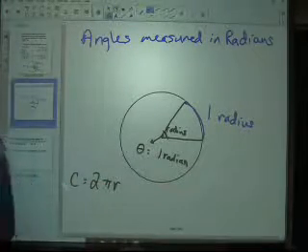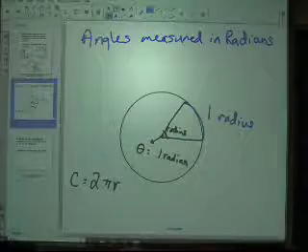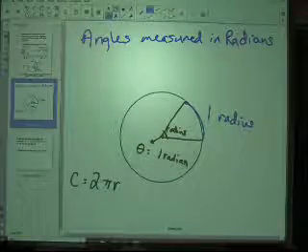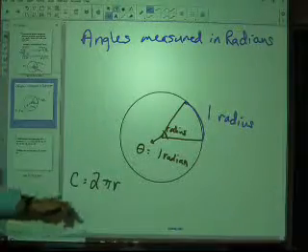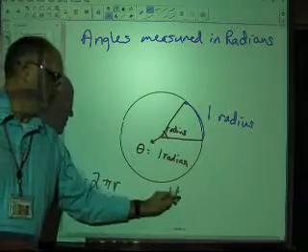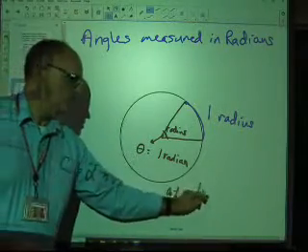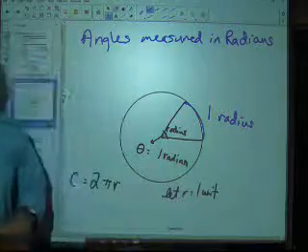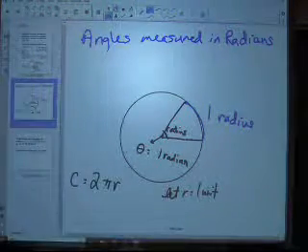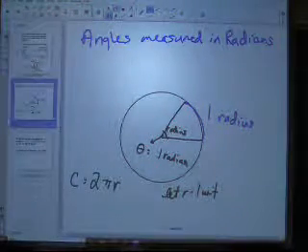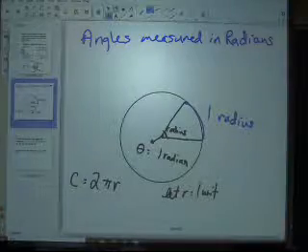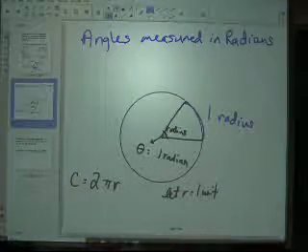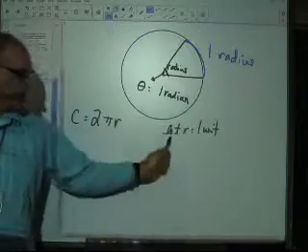Pi times diameter or 2 pi times radius. And so, if my radius is 1 unit long, that could be 1 foot, 1 inch, 1 centimeter, 1 kilometer, 1 whatever. It's 1 unit, whatever that length is. Let r equal 1 unit.